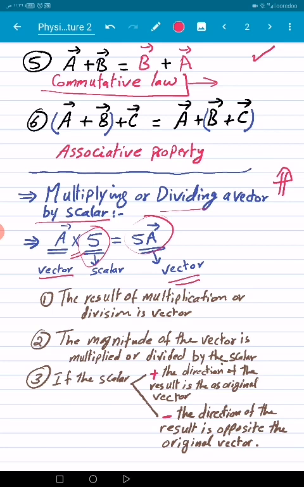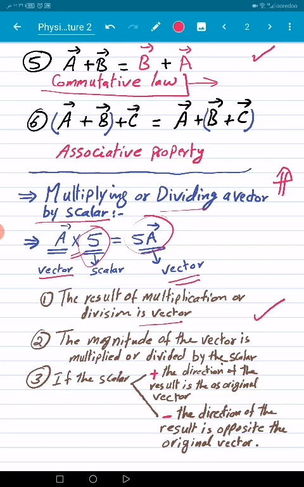Number one, the result of multiplication or division is a factor. حاصل الضرب أو القسمة هو عبارة عن متجه. 5A, that means it is a factor. Number two, the magnitude of the factor is multiplied or divided by the scalar. يضرب magnitude القيمة العددية.